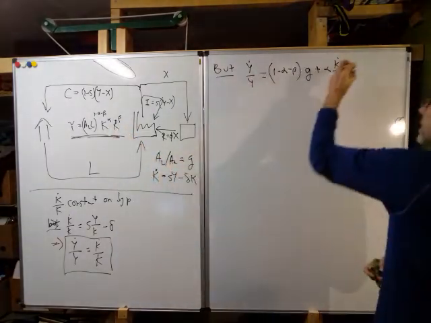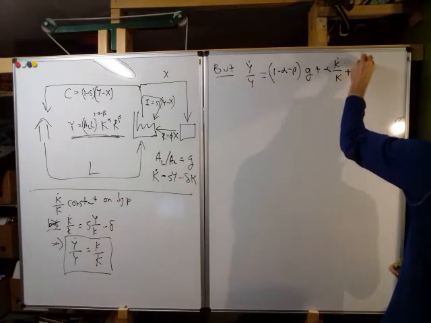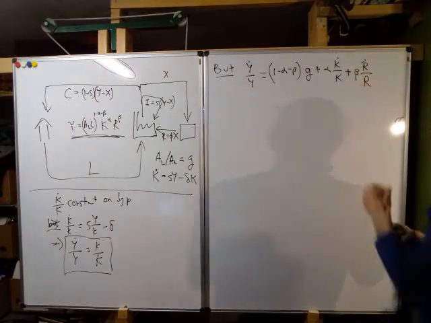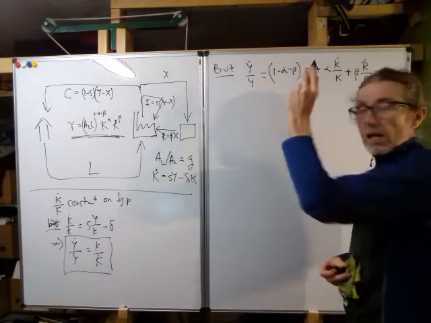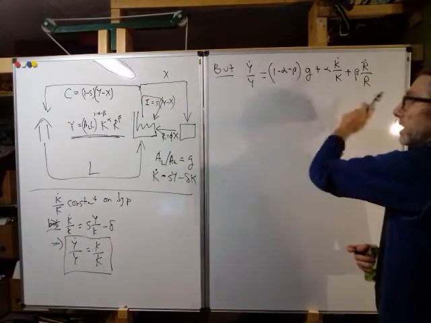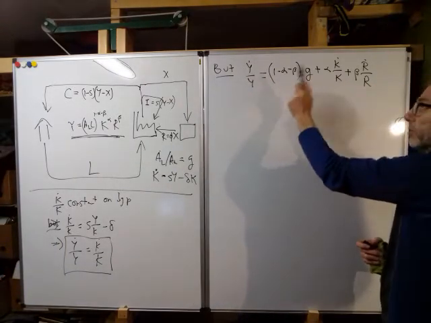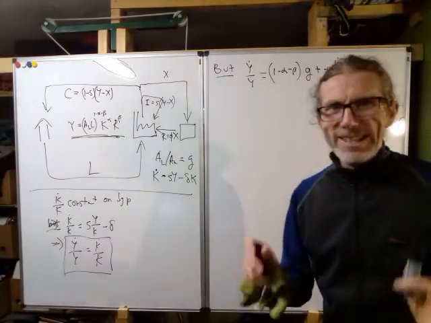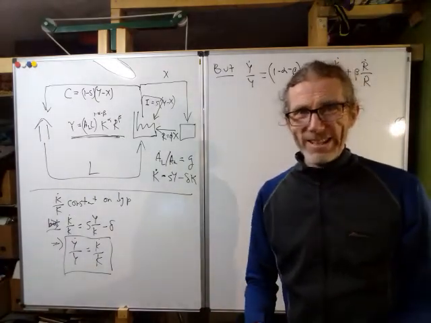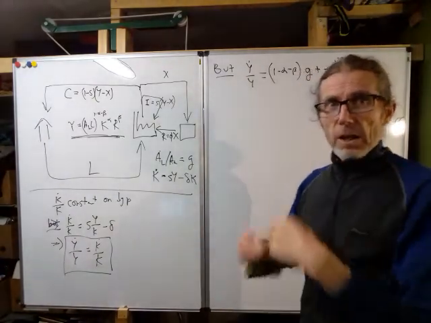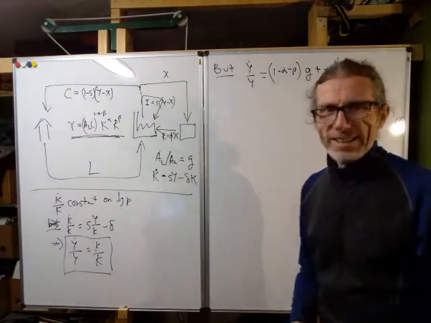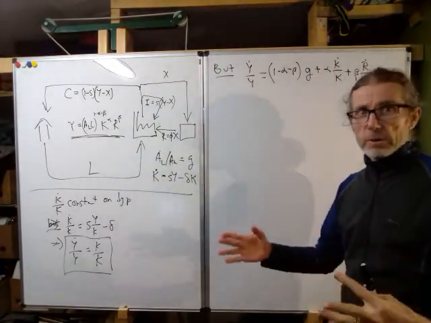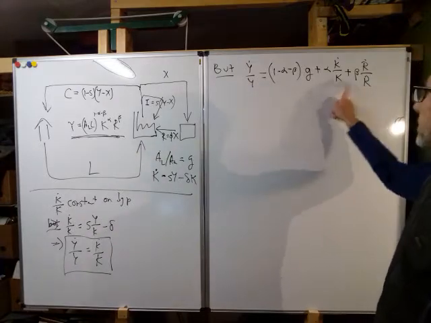So we need plus beta R dot over R. Okay. You're fine in exams and so on to go straight to this, but only do it if you're totally confident. If you're not confident, work through the steps. But then once you've worked through the steps a few times, hopefully you'll be happy just to write this down.